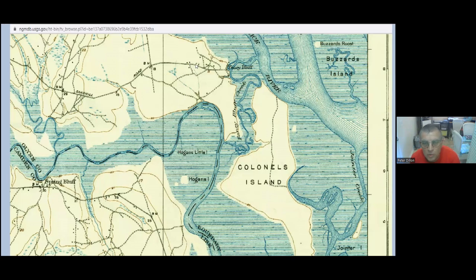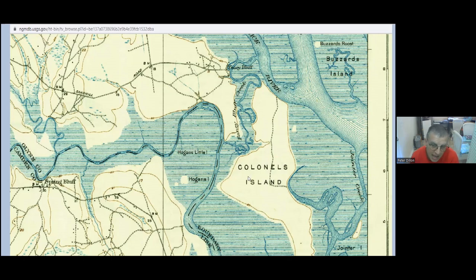All these little squares you see here are structures, and most of them are houses or barns. If you were looking for where one of your ancestors had lived, you could theoretically pinpoint exactly where they were. The dotted lines here are dirt roads. In 1939, this area was rather poor, and most of the roads were not paved. You'll notice that there's almost no bridges too, so they used ferries to get across the rivers.